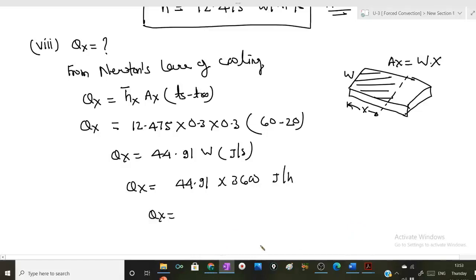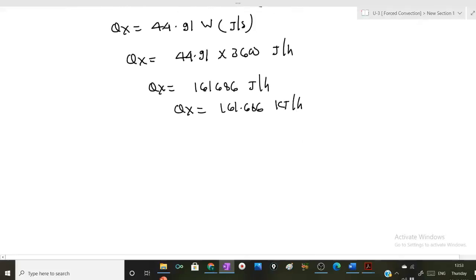So Qx will become 161,686 joule per hour, or Qx is equal to 161.686 kilojoule per hour. So this will be the final answer.